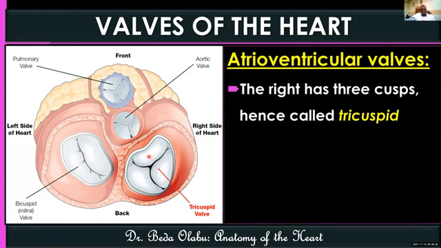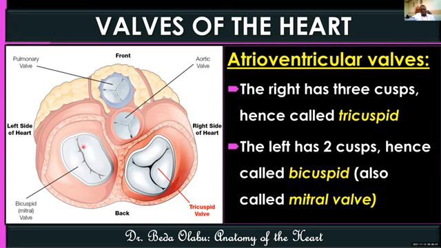The right atrioventricular valve has three cusps, and that is why we call it the tricuspid valve. The left atrioventricular valve has two cusps, and that is why we call it the bicuspid valve. The bicuspid valve is also called the mitral valve. You can find out the meaning of mitral, actually.